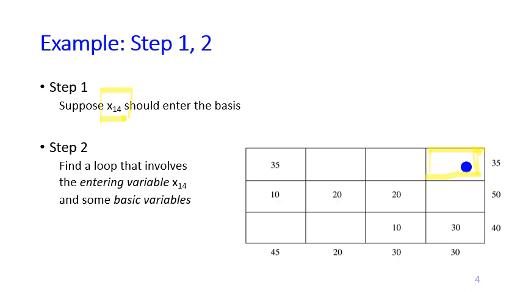And then in step 2, it says to find a loop that involves the entering variable x14 and some basic variables. So we need to find a loop involving the entering variable and other variables, as long as they are basic variables. Let's try to create a loop. Any 2 consecutive cells must have either the same row or the same column. If I go there, it's the same row, so it's okay.